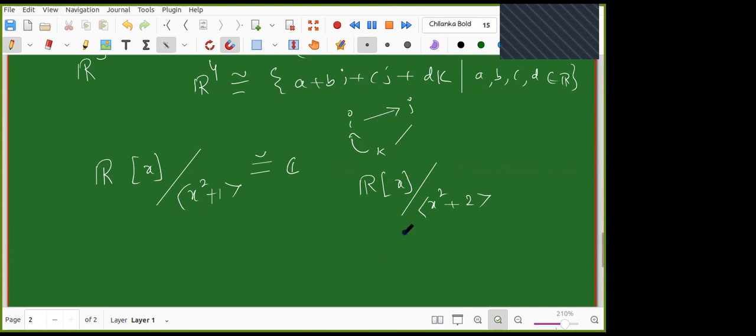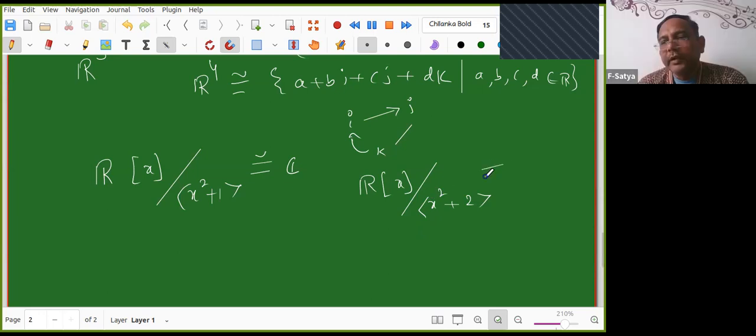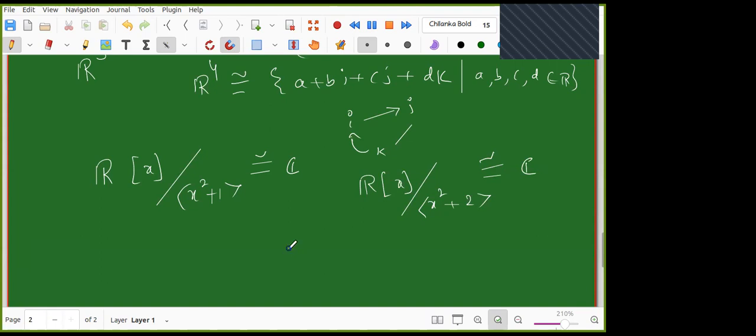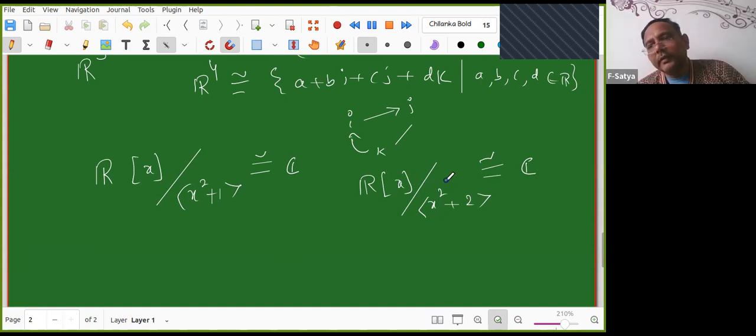R adjoin root 2 i. But is it not isomorphic to C? Yes, it is, because it is a field, right? And what is its extension? So it is also a field.